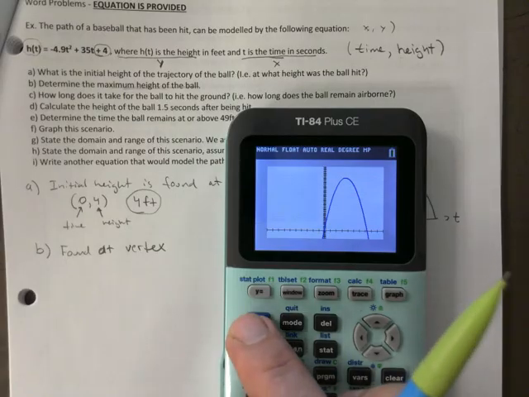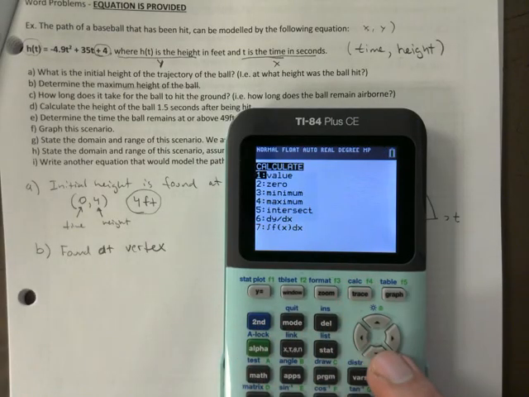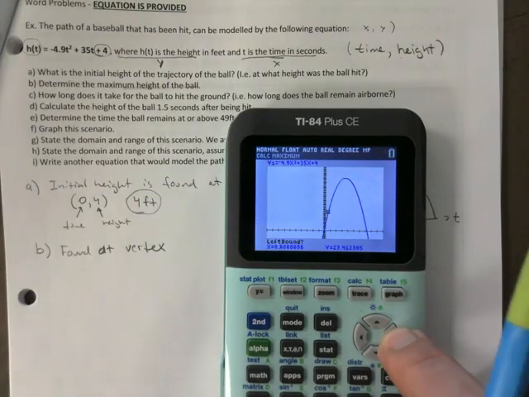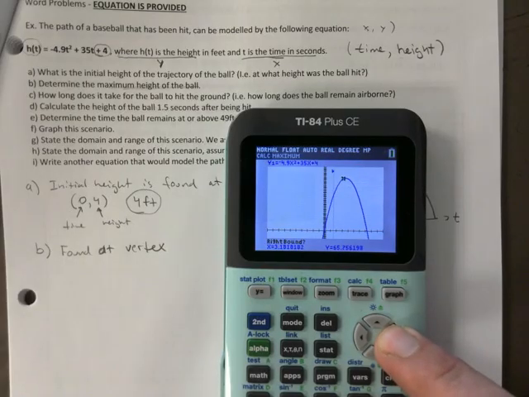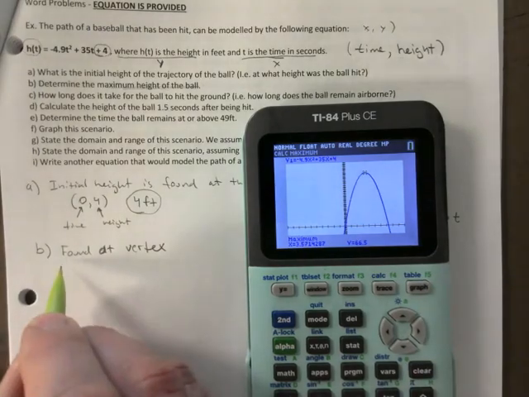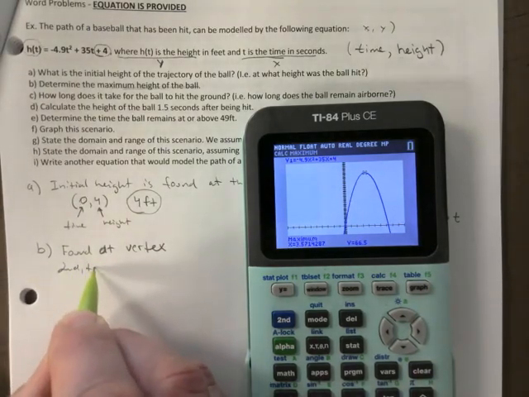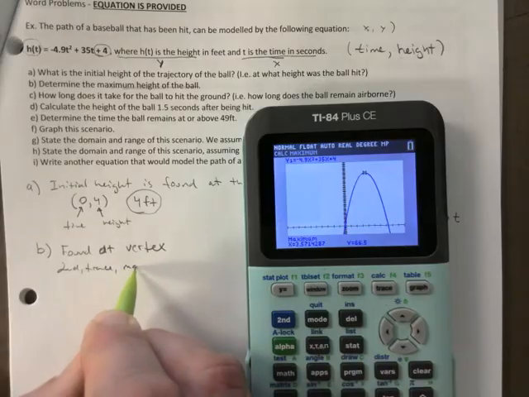So let's find the vertex. Second trace, what? Min or max? Max. Go to the left of it. I'm going to hit enter right here because I am to the left. Go across, enter, enter, and there it is. So you got to go second trace, max.